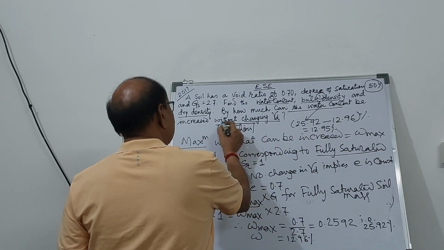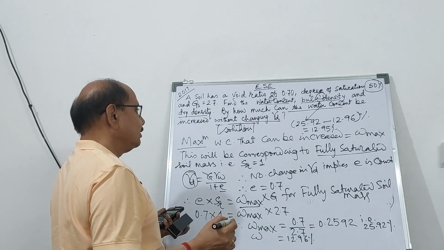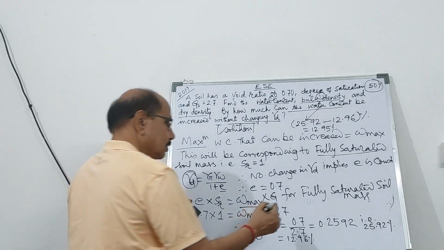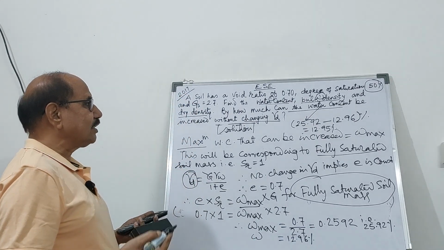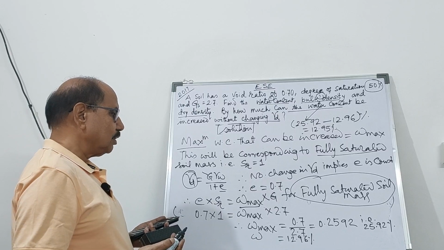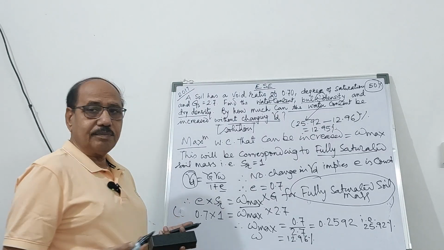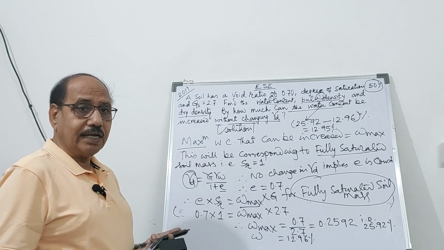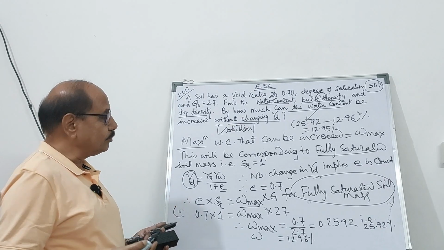So we are going to increase the water content by 12.95% so that the sample becomes fully saturated. That is the maximum moisture content or water content that can be increased.